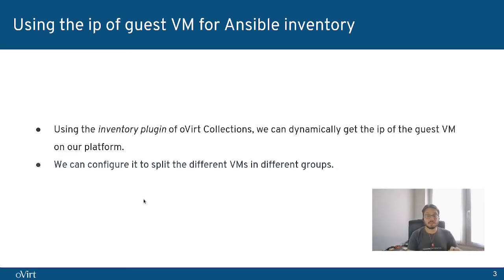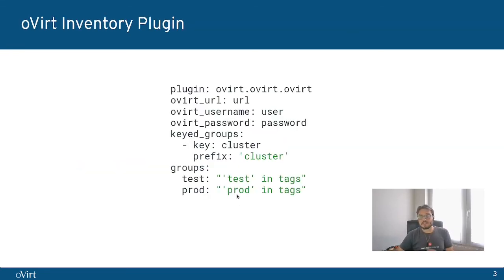So Ansible will have a list of groups that we can use to perform specific actions on each virtual machine. Let's see an example, and let's see the configuration of this plugin.